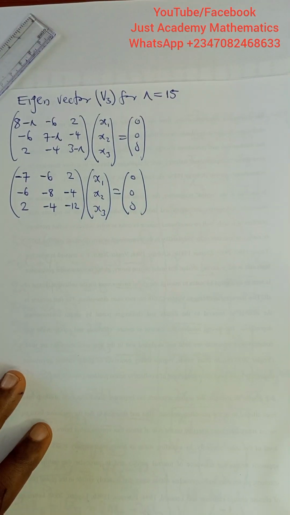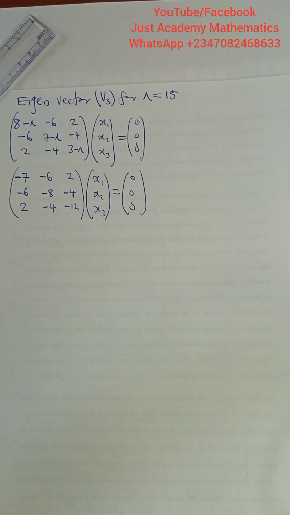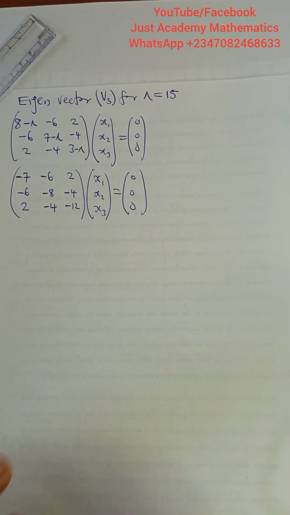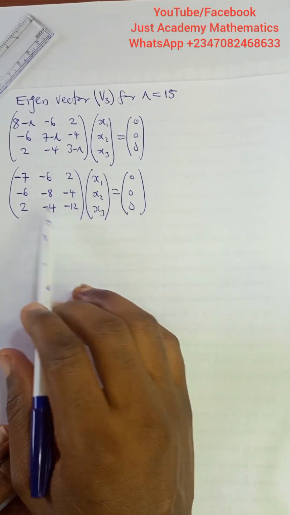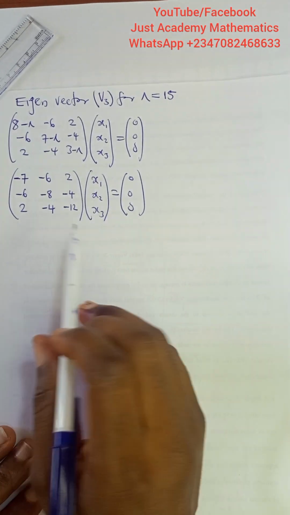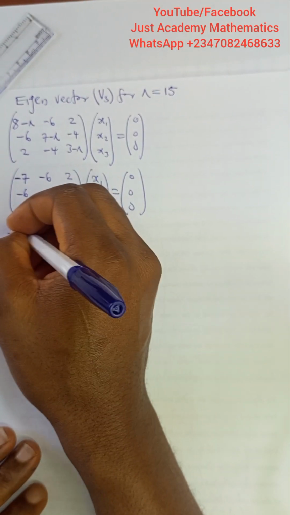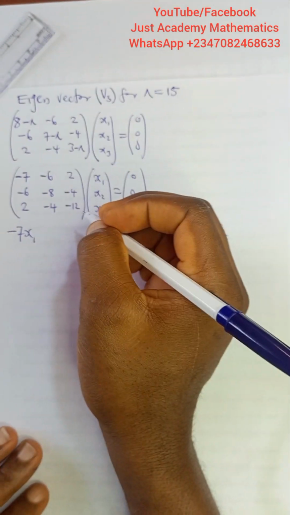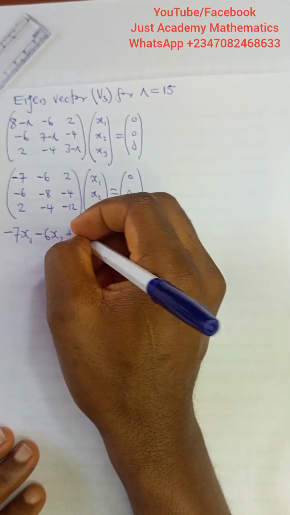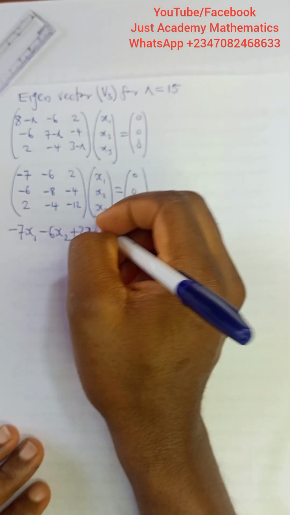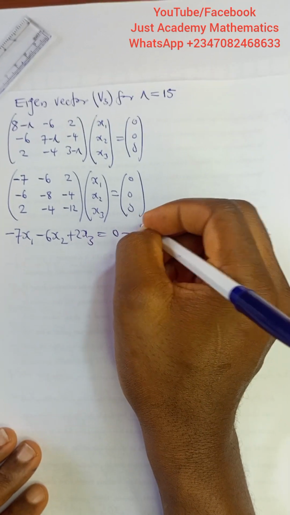It's an interesting process. It may be long, but the other one is quite confusing for me. Now, we derive the equations again, row times column. So minus 7x1 minus 6x2 plus 2x3 equals to 0, equation 1.